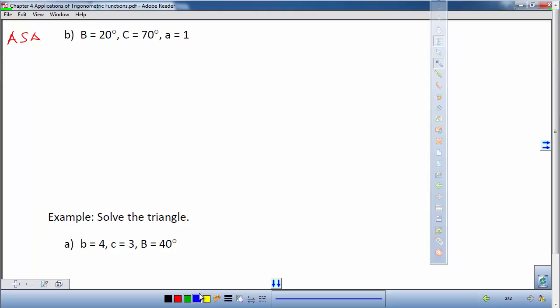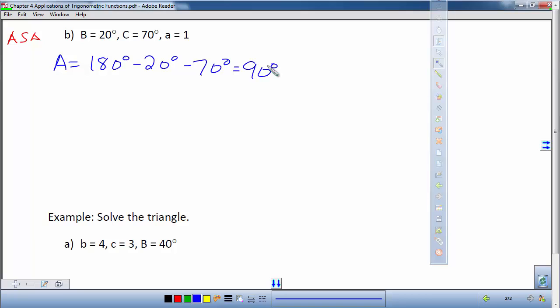Since I have side A, that's the only side I have, then I need what? Angle A, right? So angle A is equal to 180 degrees minus 20 degrees minus 70 degrees, or yes, it is indeed 90 degrees.